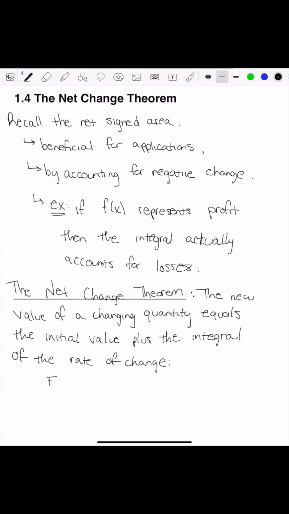Right, so basically at time B, the amount that is present is the amount that was present at time A plus the change that occurred from time A to time B.